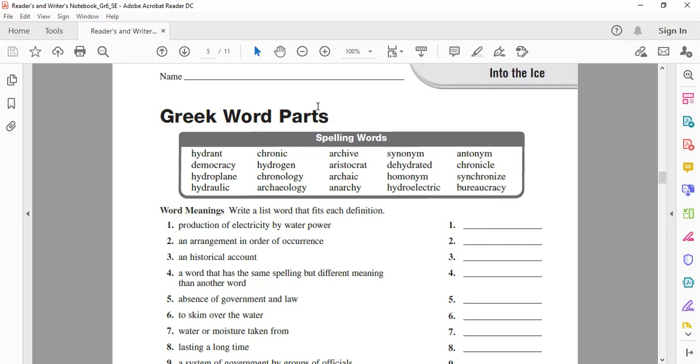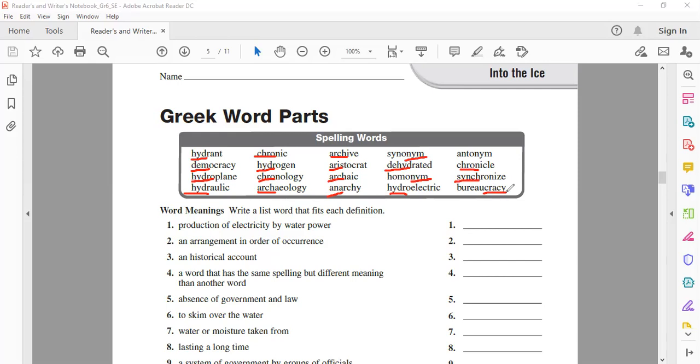Okay, all of these words have a Greek root. Here hydro, here demo, here chron, arc, anarch, and then nym in synonym, homonym, antonym. Then hydroelectric also has hydro, chronic has chron, then sync, and bureaucracy.